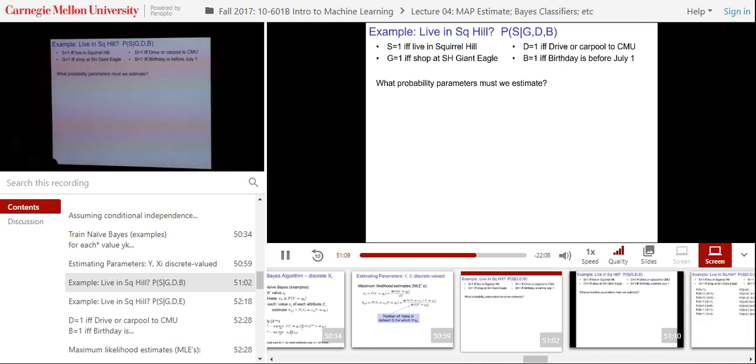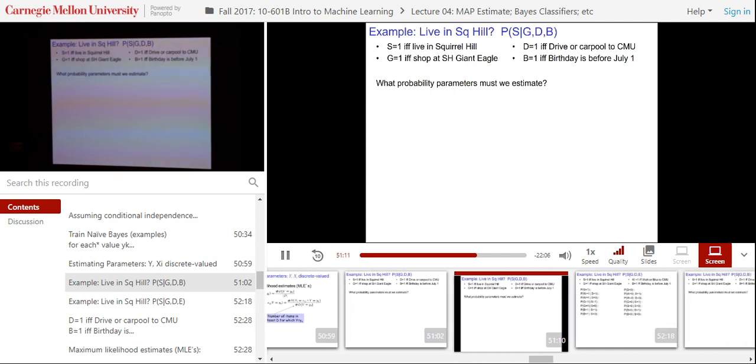So you will all be training examples, and we will learn to predict which of you lives in Squirrel Hill, given 3 variables that represent you. These are all Boolean variables. One is if you shop at the Squirrel Hill Giant Eagle. One is if you drive or carpool to CMU, 1 or 0. And 1 if your birthday is before July 1st or not.